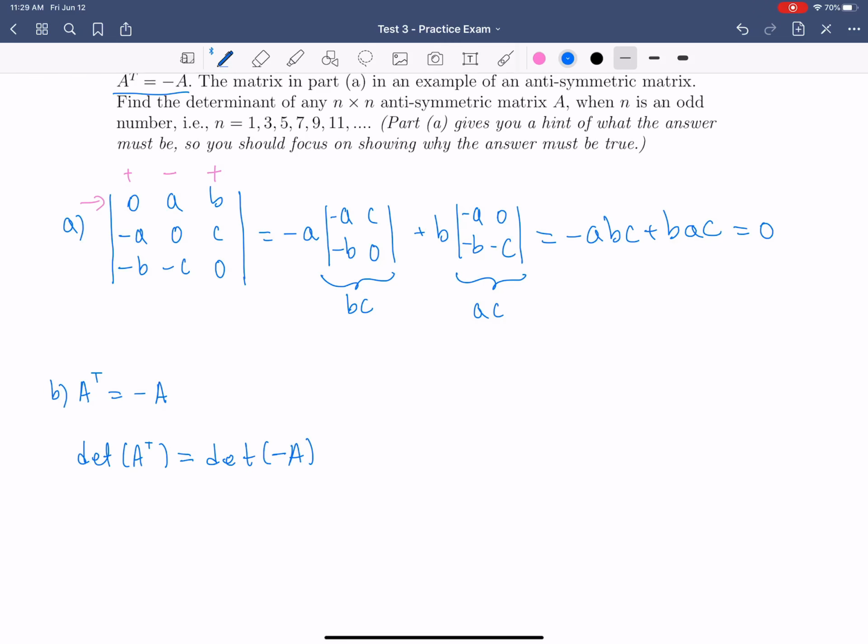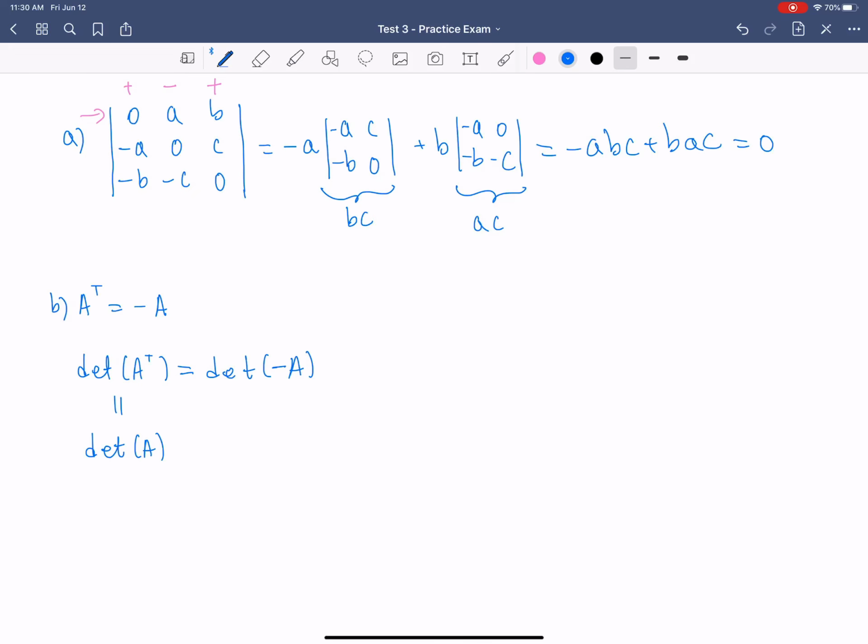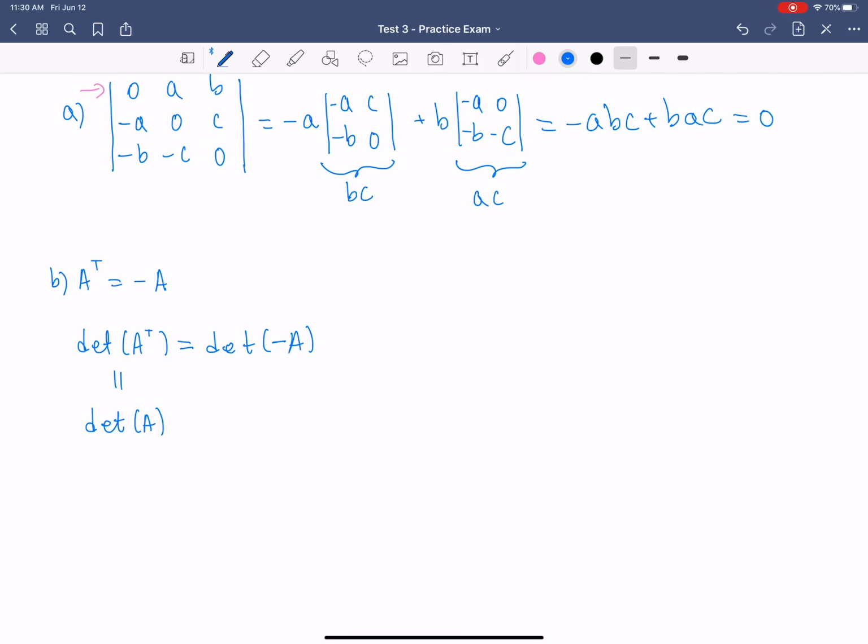Because A transpose is negative A. We know from determinants that the determinant of A transpose is also the determinant of A. So in fact, what we have is that the determinant of A equals the determinant of negative A.